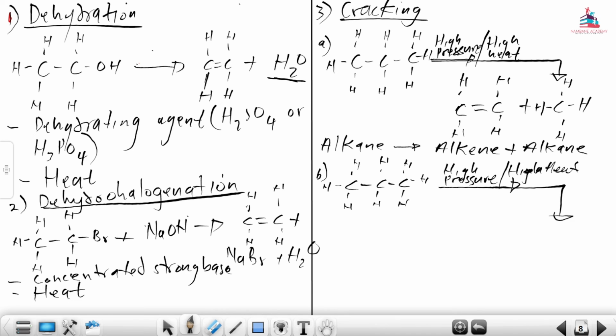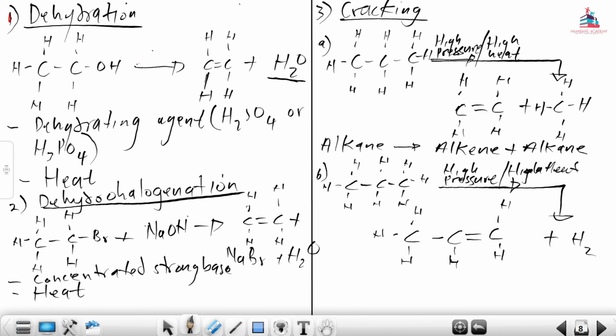So what product will be formed? I said I want to form H2 gas plus I must form a double bond now. Whichever one does not really matter, but a double bond must be formed. So I can form the double bond here, then this will have H, then H, and then just H here, and then this one will have 3 hydrogens.